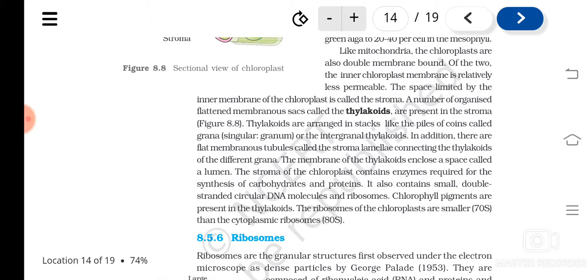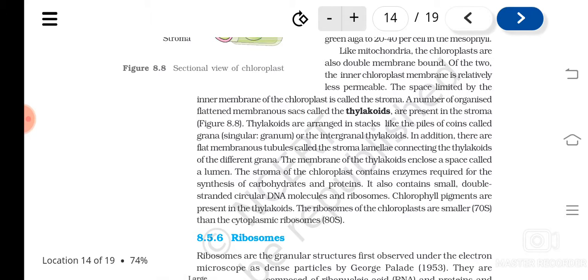The double-stranded circular DNA which is present in the chloroplast is similar to the prokaryotic DNA. We have learned that in prokaryotes the DNA is double-stranded circular DNA. Same thing you can see here, and they also have ribosomes, and the pigments are arranged in the thylakoids.